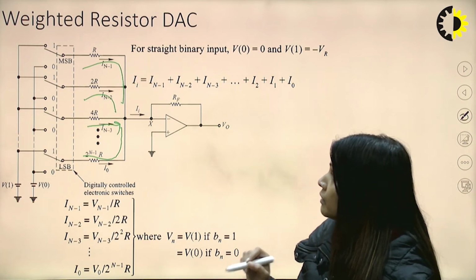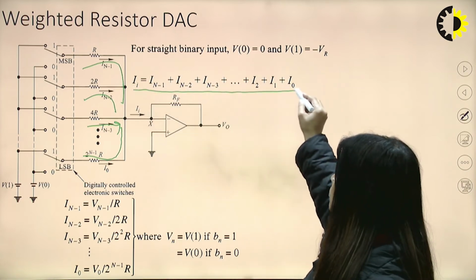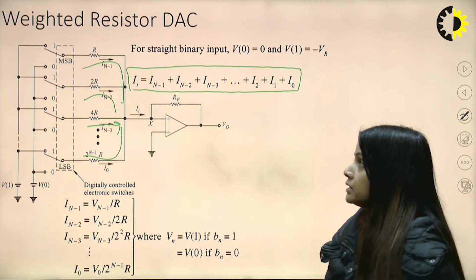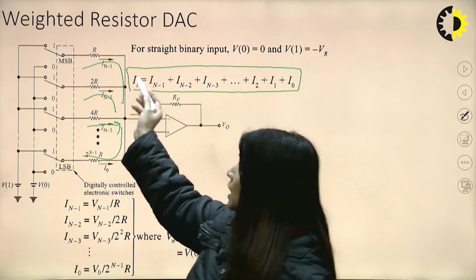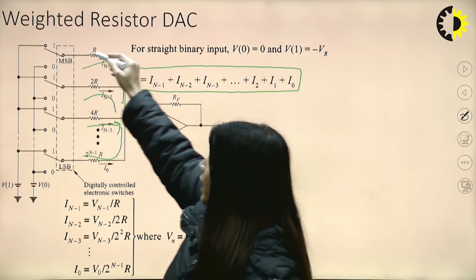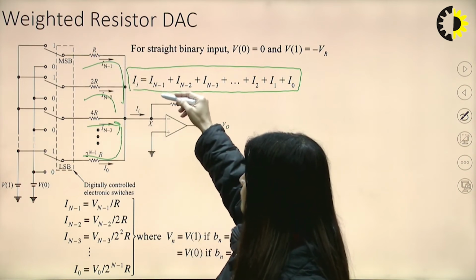So here we can write Ii is equal to In minus 1 up to I0. This is the expression, and for the current In minus 1, suppose this MSB is connected, so that will be V1 upon R.